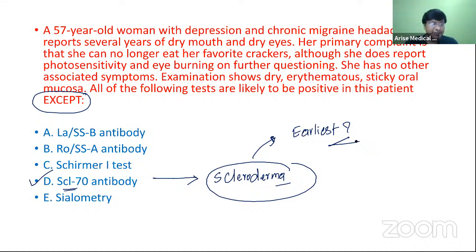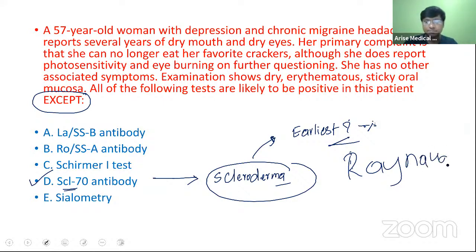The earliest manifestation in scleroderma is development of Raynaud's phenomenon. Very good, Guludugar, excellent. So the earliest manifestation in scleroderma is the Raynaud's phenomenon.